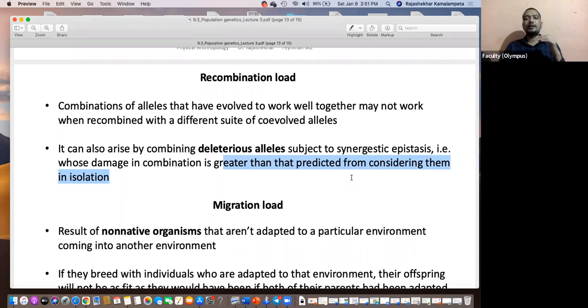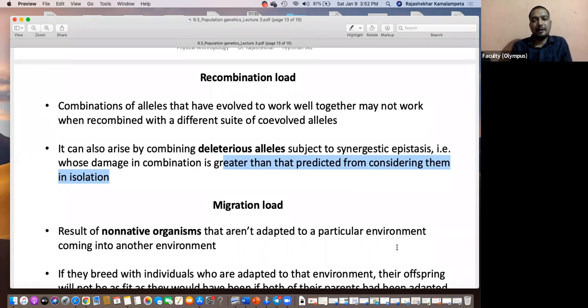Of course, we are not studying at the individual level, but this is happening at the population level. Such a load is called recombination load. Are you following this? So the idea here is a little superficial. What is causing the load? Mutation causes mutation load, segregation causes segregational load, and recombination causes recombination load. So genetic load, genetic burden, can happen due to many of these events.